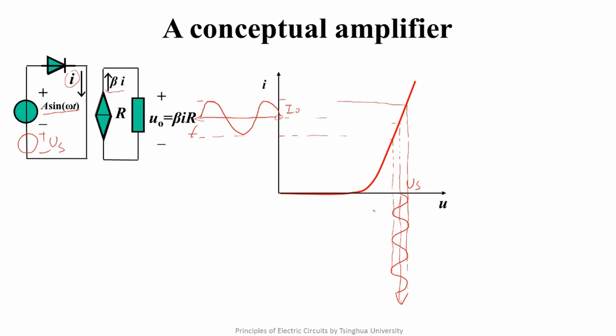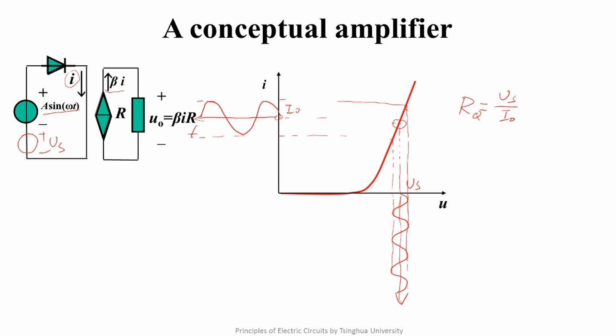Before continuing, we will introduce a new concept. As we all know, this is a working point. For a nonlinear resistor, here its resistance R equals US over I0. We call it the static resistance, or RQ.